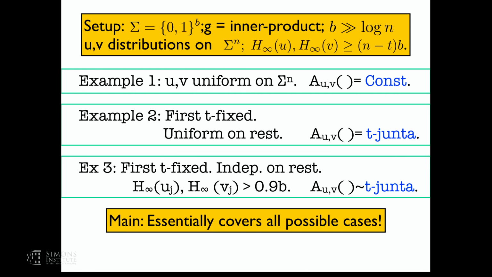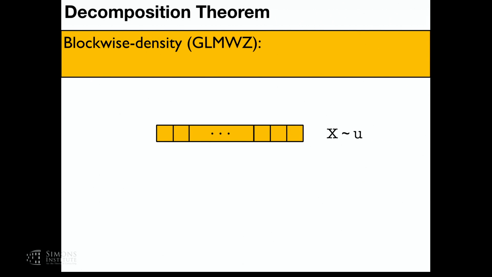And the main structural result is that these three cases essentially cover all possible cases. Okay? So concretely, to formalize this, we need the notion of blockwise density, which was introduced in work that I mentioned before. So let's have a distribution x, sampled from u, which has n symbols.